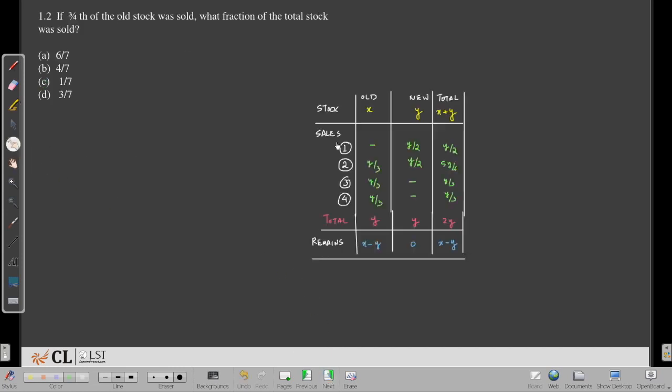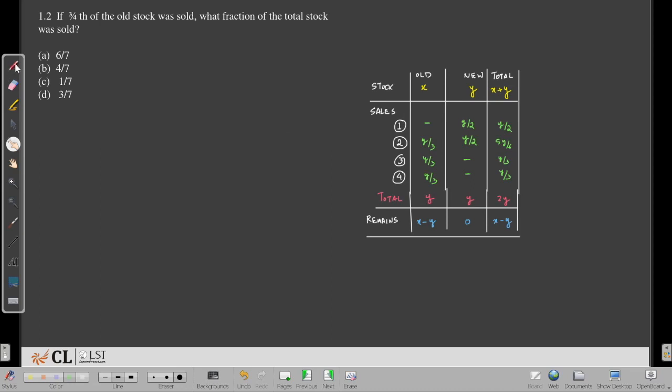Let's look at the next question here. If 3/4 of the old stock was sold. Now this is information that we will use for subsequent questions as well. So the sales of old stock would be equal to 3/4 of x.